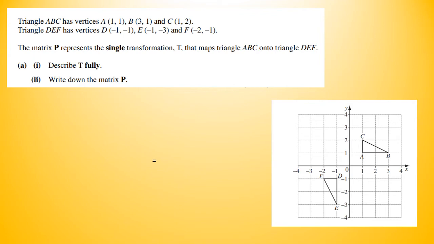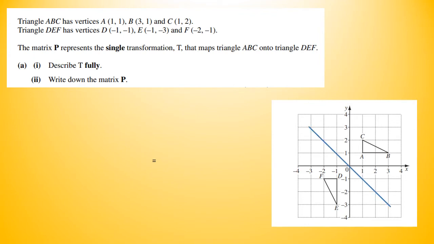Now let me first describe T, which is the single transformation. You can clearly see in the question, T is present. T represents the single transformation while P represents the matrix transformation.